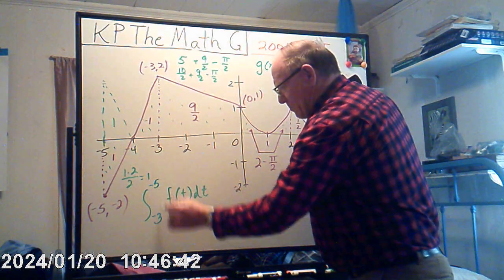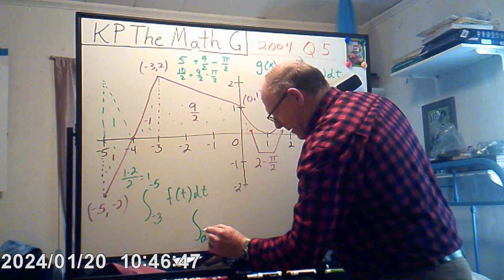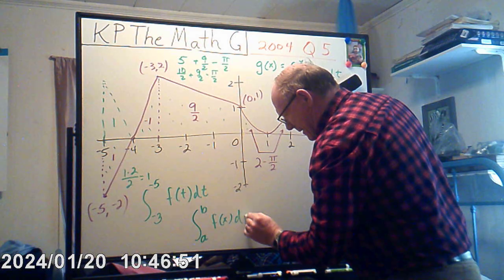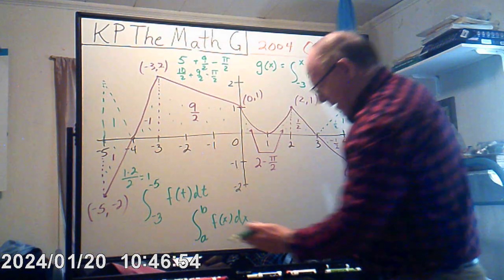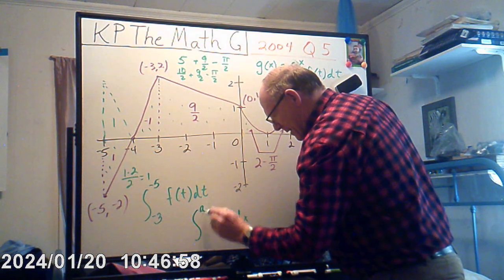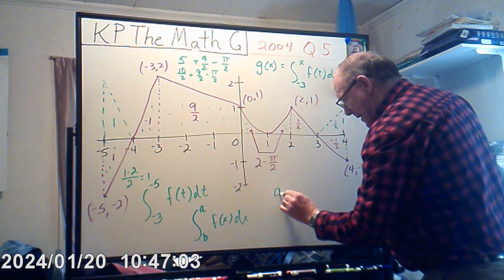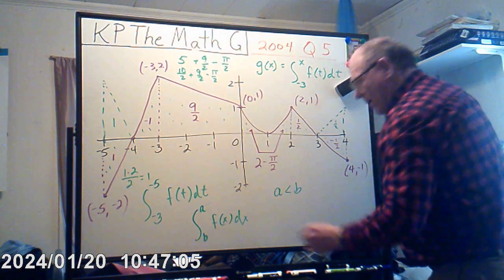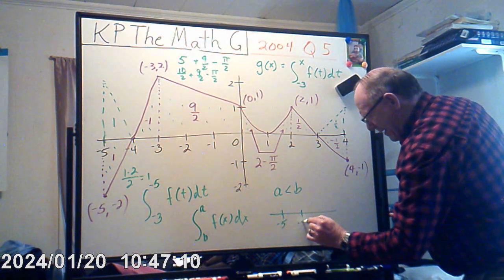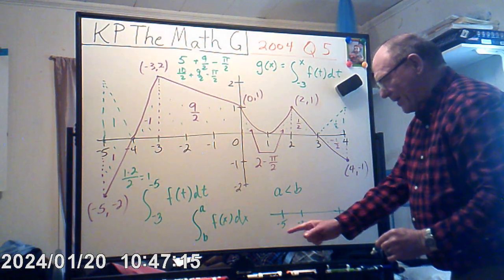Actually, this number is smaller than this number. There's a rule that says if you're going from A to B of f(x) dx, and let's put it from B to A, where actually A is less than B. On the number line, negative 5 is here, and negative 3 is here, and 0 somewhere over here. So negative 5 is less than 3.